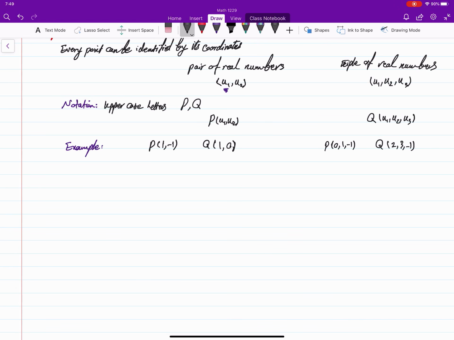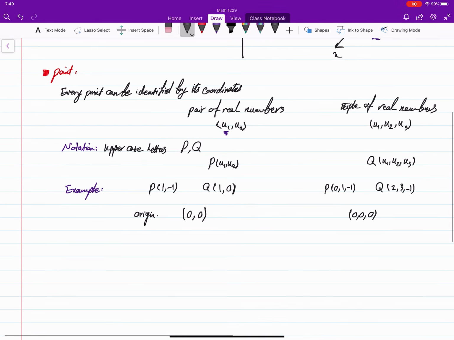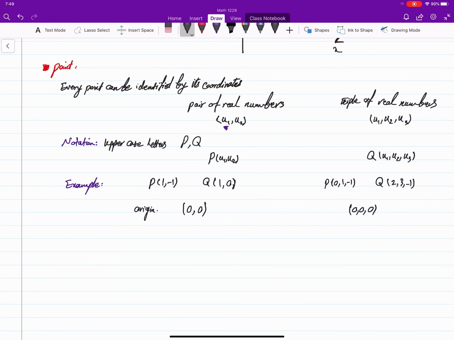There is one important point in both cases. It's called the origin. The origin is where the x coordinate is 0, the y coordinate is 0, and in the three-dimensional case, it is (0, 0, 0). So that is what you need to learn about the notation and convention for this book.